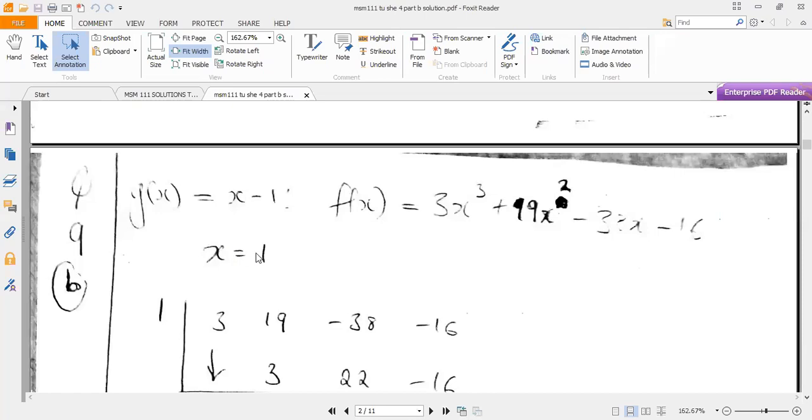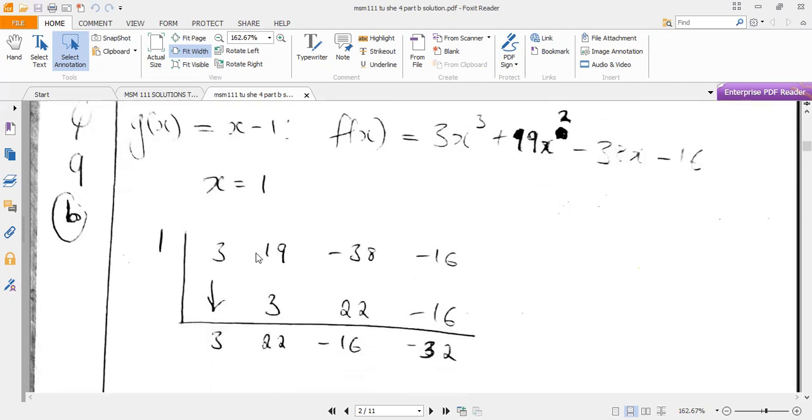Now, in the question it was specified to use synthetic division. So when you have that, you come here. The coefficient for this first term in question 9b is 3, you put 3 there. There it's 19, you put 19. There it's negative 38, you put negative 38.